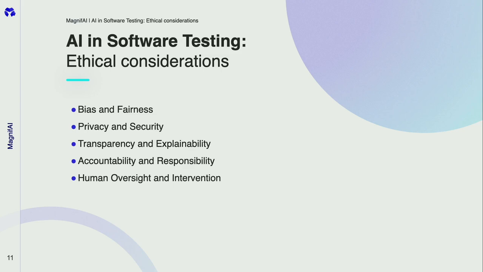Transparency, explainability. It's really hard sometimes to explain to some not necessarily technical stakeholder the decisions, the suggestions and the outcome of AI. So we need to keep explainability at the top level.